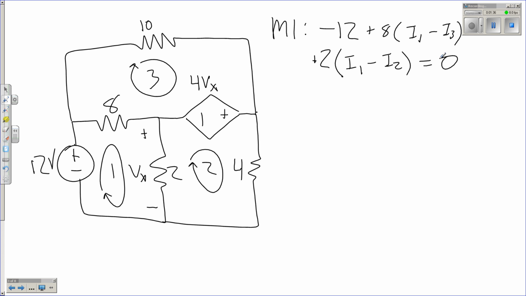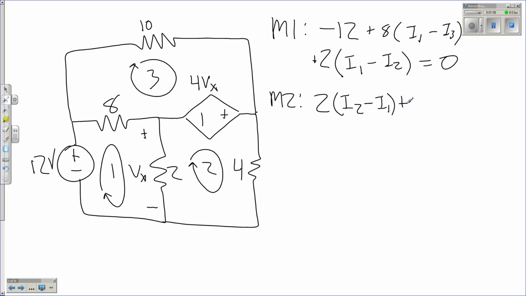Okay, so that's our first mesh. Second mesh, we have up through the 2 ohm resistor, so 2 times (I2 minus I1), and you'll note this is just equal to negative Vx.